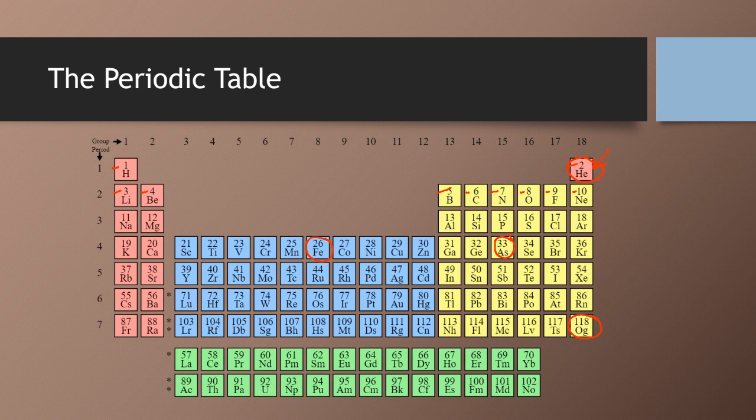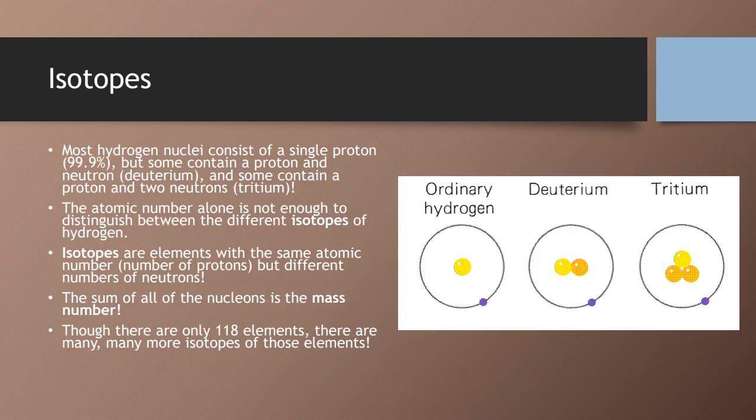But this doesn't account for really everything that we generally see all the time, because elements can have different numbers of neutrons. For example, most hydrogen nuclei consist of just a single proton all by itself. Some contain a proton and a neutron. We call that deuterium.